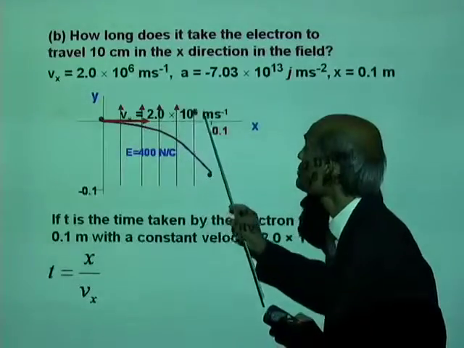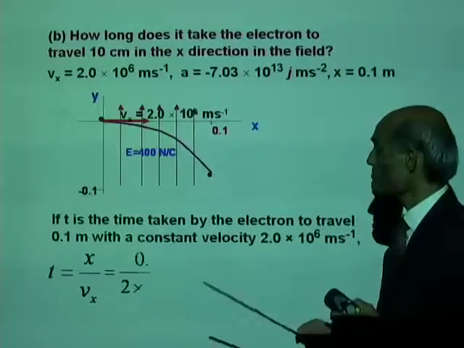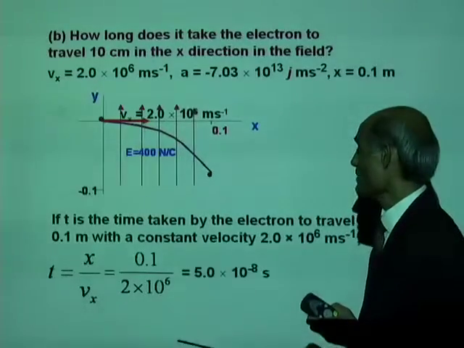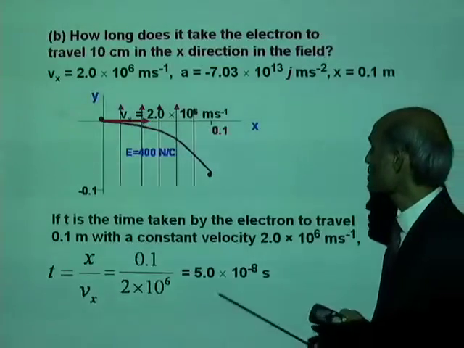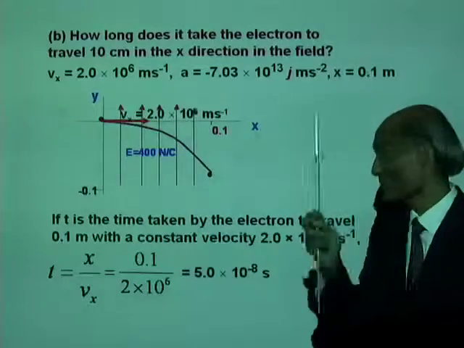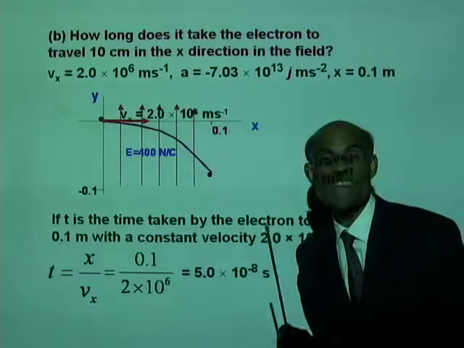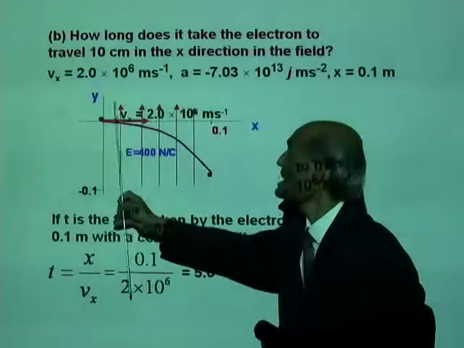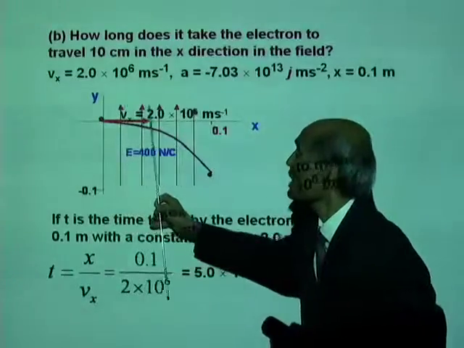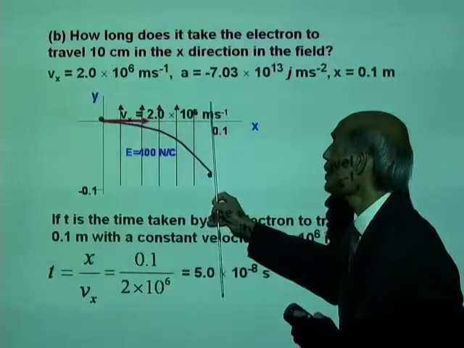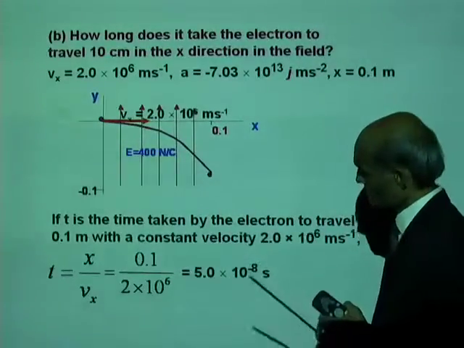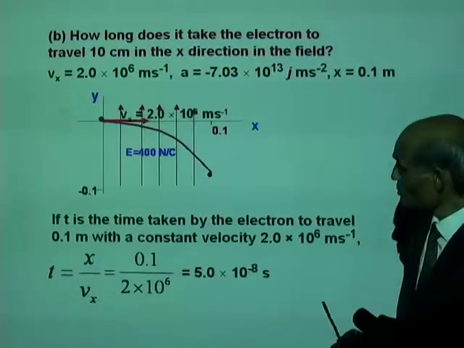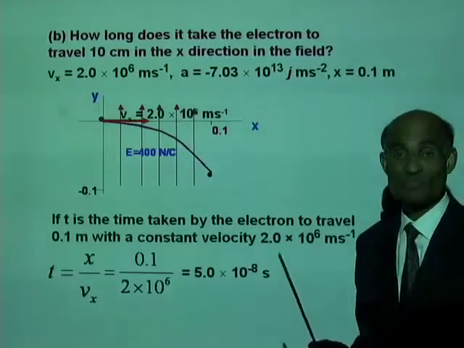The velocity is 2 times 10 to the 6th meter per second, and therefore that time is 5 times 10 to the negative 8 seconds, which is about 50 nanoseconds. So the time taken by the electron to cover a horizontal distance of 0.1 meter is 5 times 10 to the negative 8 seconds.